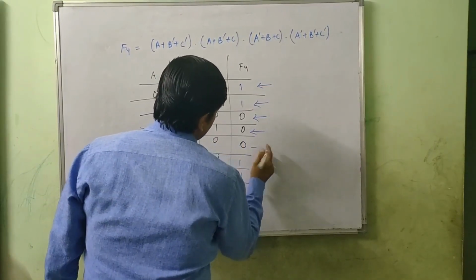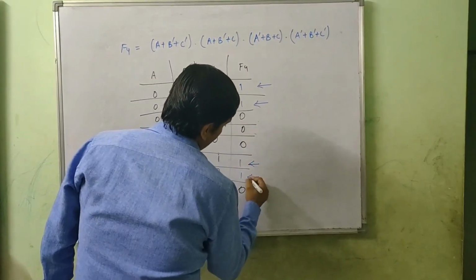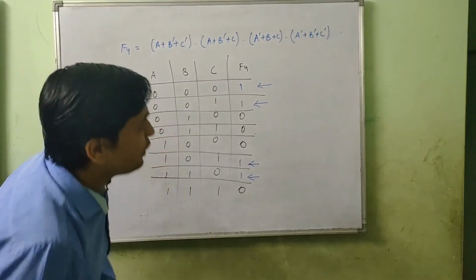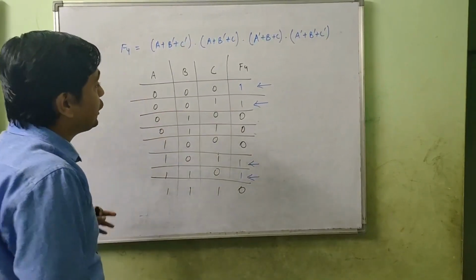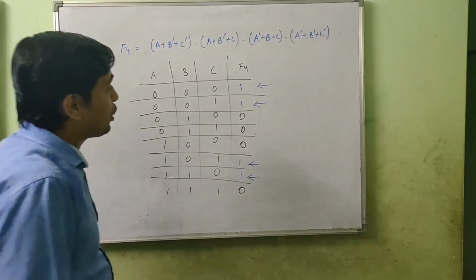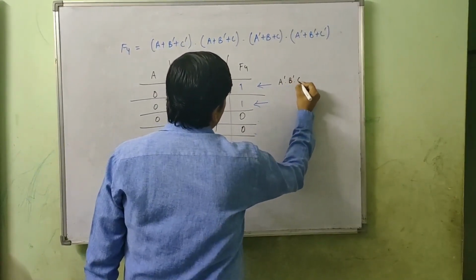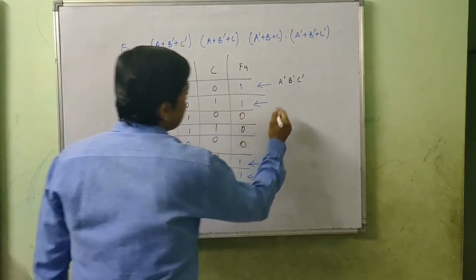Once we note down all the min terms, we only need to write them and we will get our sum of product. Because we are writing min terms, remember that zeros are complemented and they will be in product. So a complement and b complement and c complement. This one will be a complement and b complement and c.